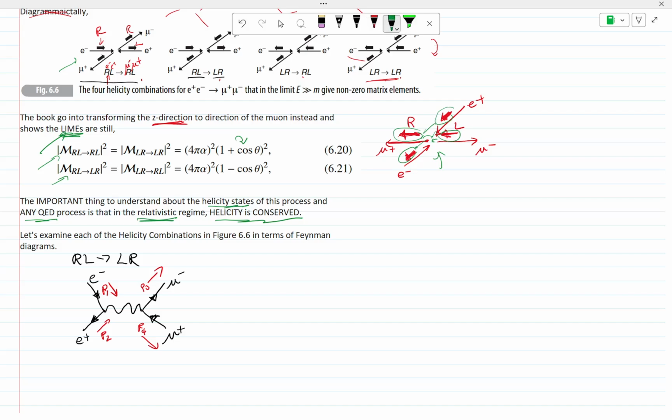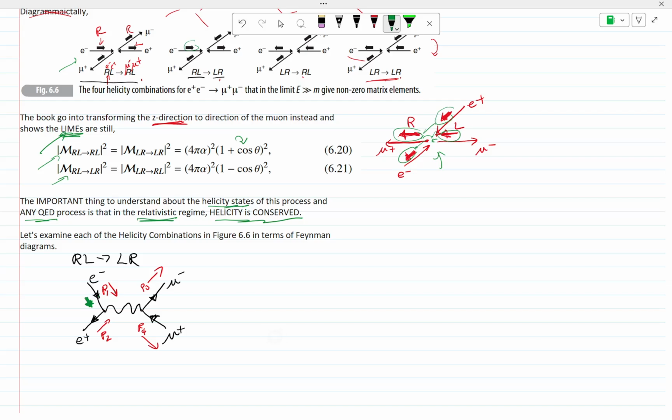Next, I'm going to draw these little helicity directions on top of it too. So this arrow is tracking particleness, this arrow is tracking momentum, and then we're going to draw one more to track the helicity. I'm going to draw it like this, hopefully matching what the book is doing.